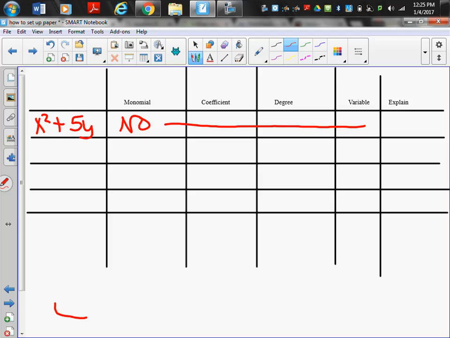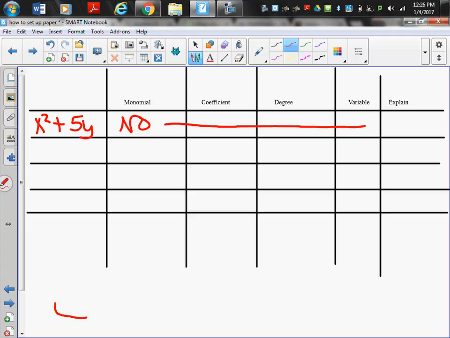Because it's not a product. This contains addition. It must only contain multiplication to be a monomial. It can only have one piece.